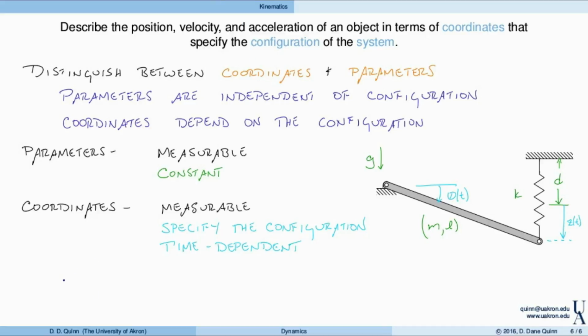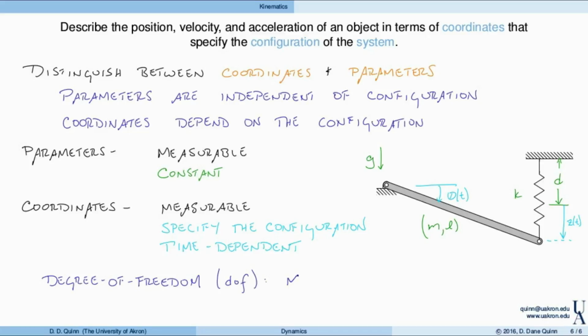Now the last thing that we'll mention is degree of freedom. Notice that in this example, knowing theta would allow me to determine z, or knowing z would allow me to determine theta. So these two coordinates are dependent on one another.